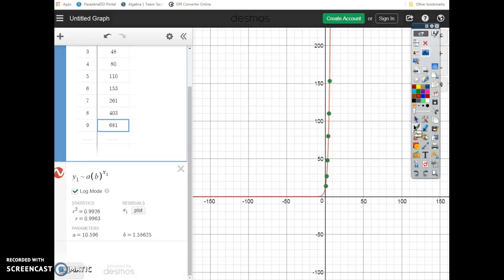We have y equals, and that's already to the 10th place, so it's 10.596, parentheses. The thousandths place would be to the 3rd decimal place, so that's 1.586 to the power of x.